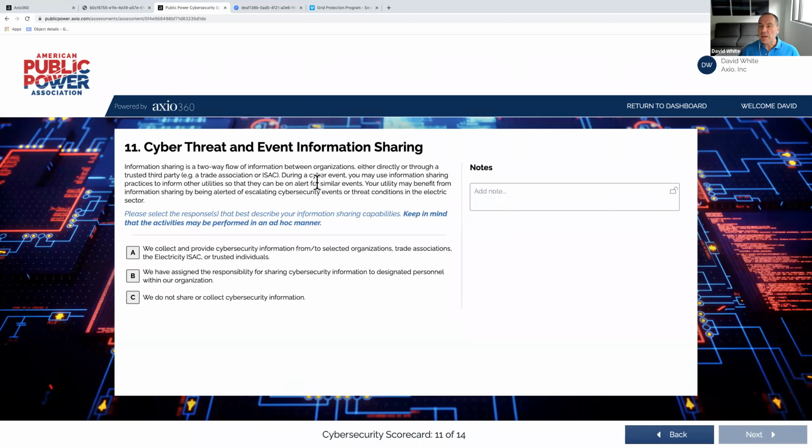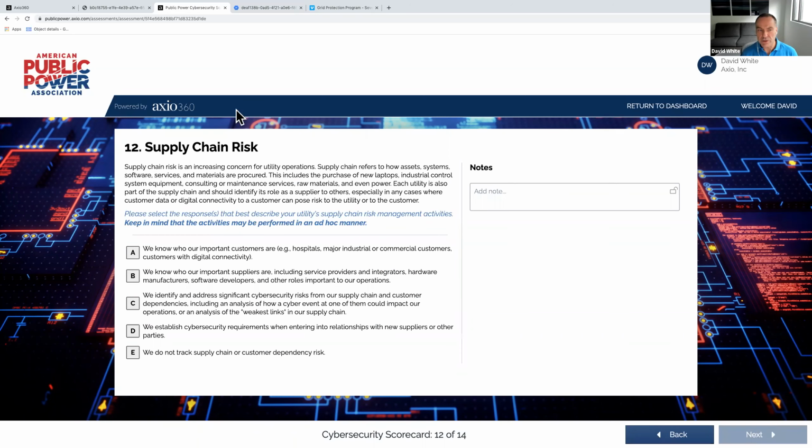But if you and 15 of your neighbors are seeing it, then it's probably a bigger issue. And there's no way for us to know that unless people are actually sharing information. We collect cybersecurity information and provide it to a variety of places, and we've actually made somebody responsible for that in our organization.